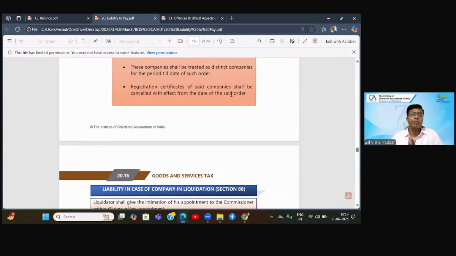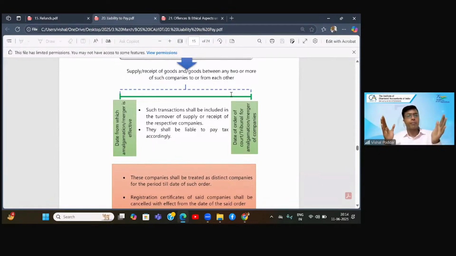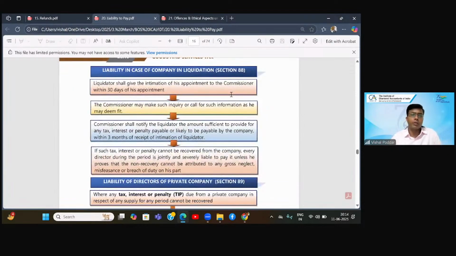So effectively, the basic point coming out from this section is that for this period where the amalgamation concluded today but was supposed to take effect from 1st of April, the transaction, whatever has happened, will be taxable only to one of the companies, that is the respective company, which will be in this case the amalgamated company.